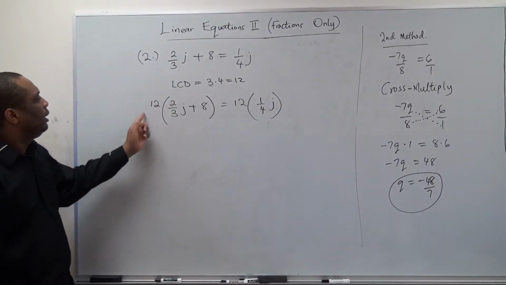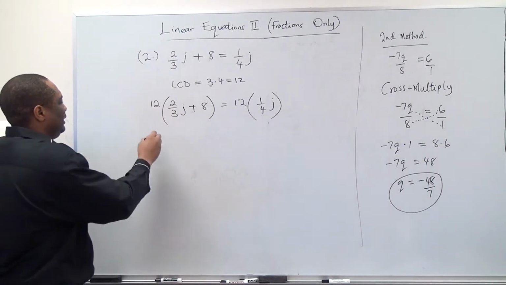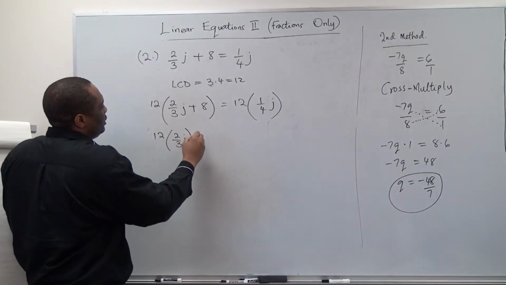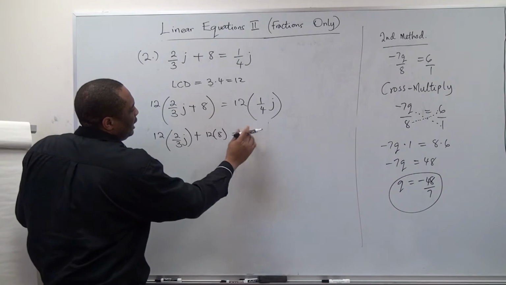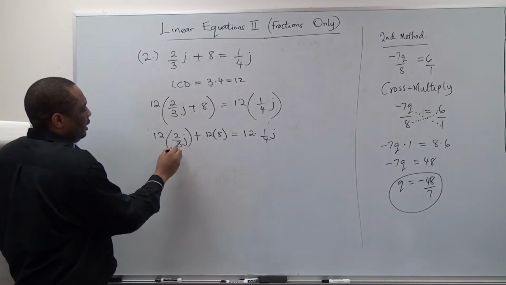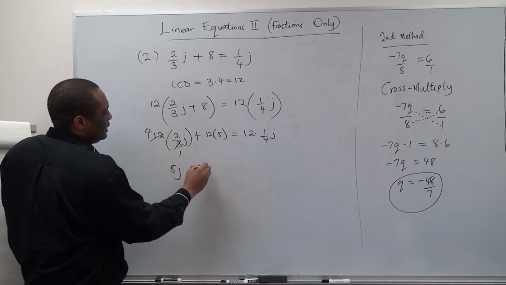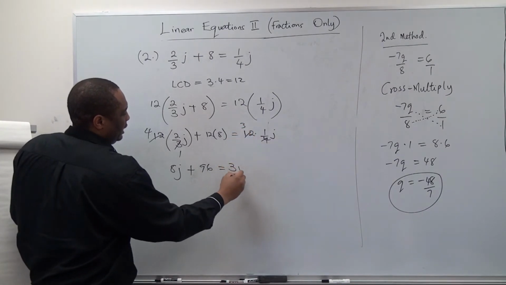Right? So in this case, when we distribute, we have 12 times 2 over 3j plus 12 times 8 equal to 12 times 1 over 4j. Of course, this 3 will cross out. 4 times 2 is 8j plus 96 equal to 3j.